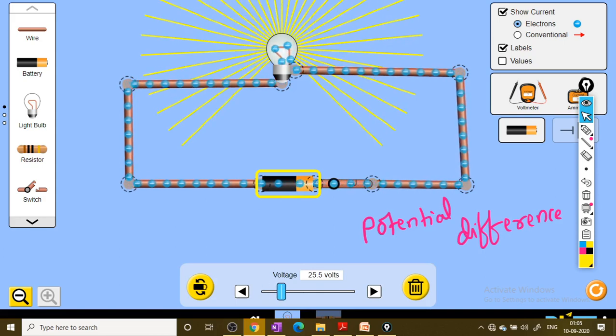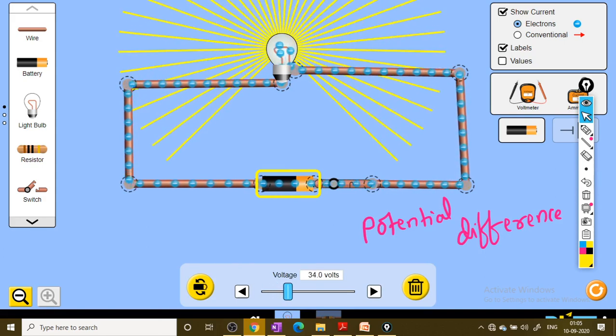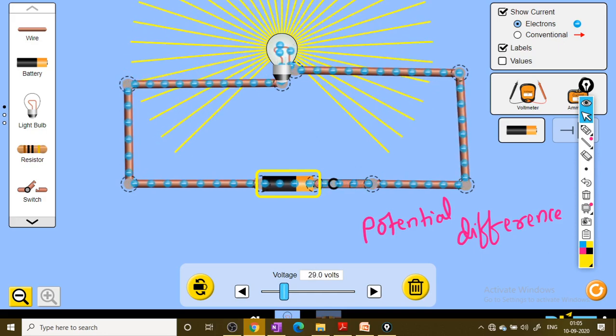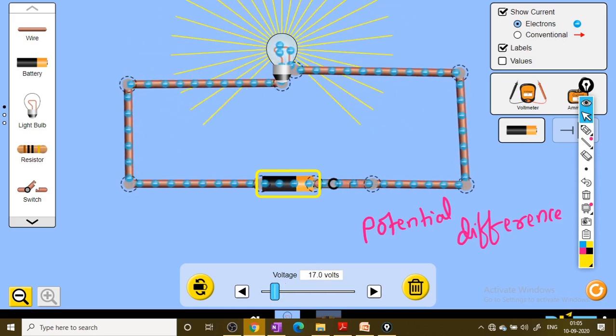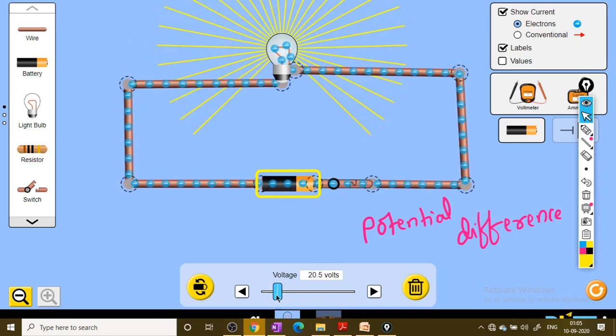When we increase the cell's capacity more and more, when the battery capacity increases, more electrons will flow. The battery here provides the potential difference.